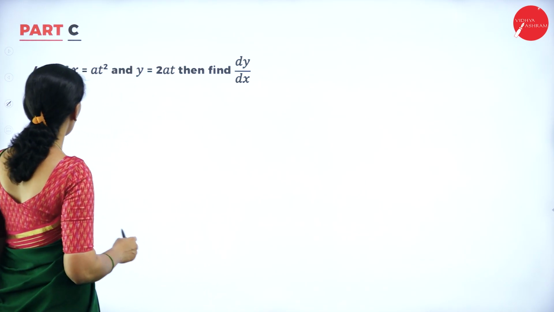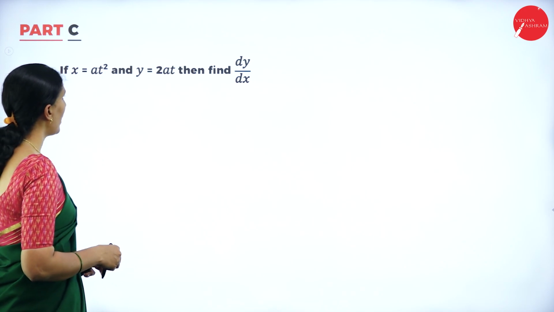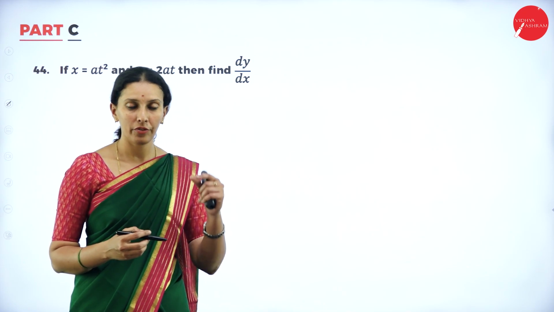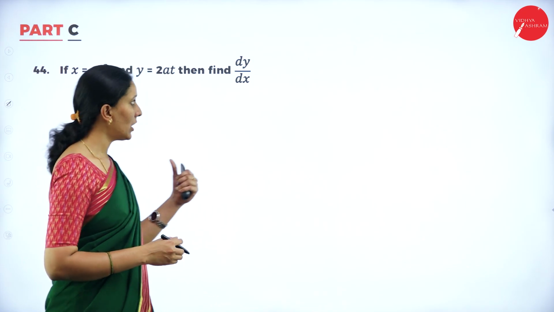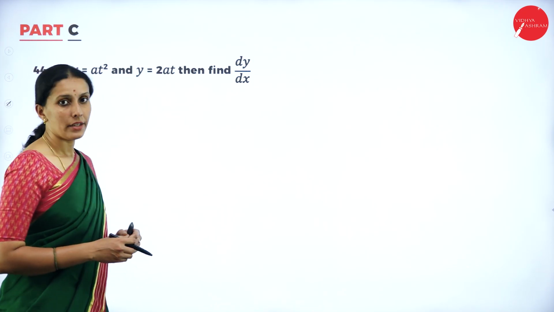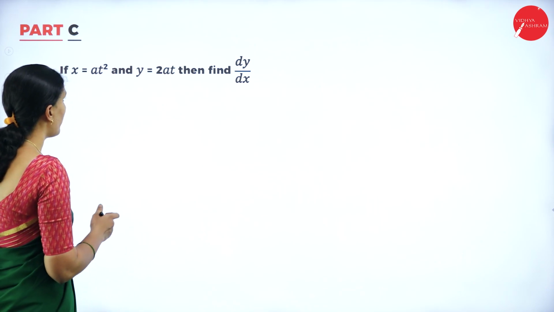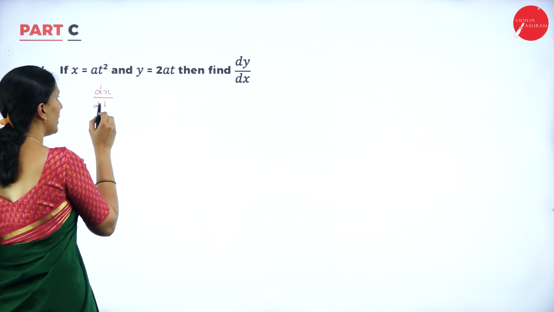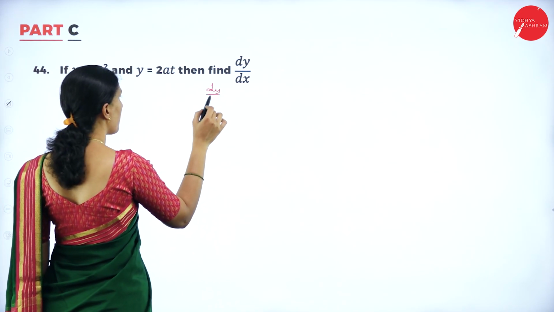Next, if x is equal to at square and y is equal to 2at, then find dy by dx. So one question from the differential calculus. So here it's a parametric equations they have given. So to find out dy by dx, I need to find out dx by dt and dy by dt.